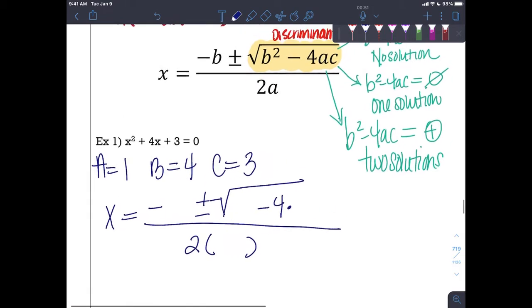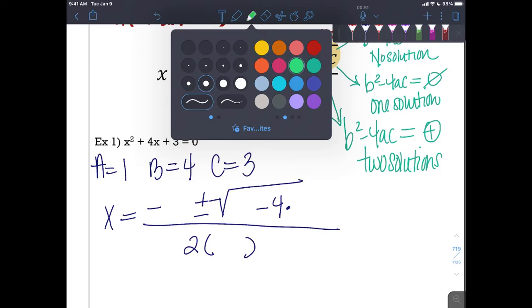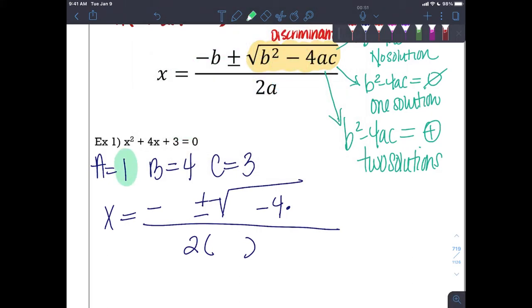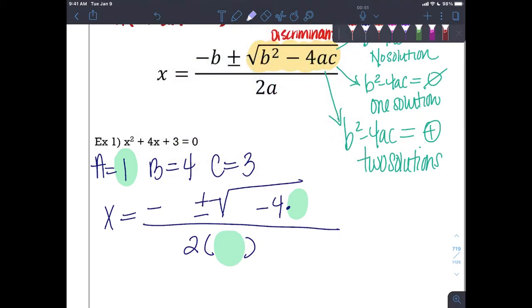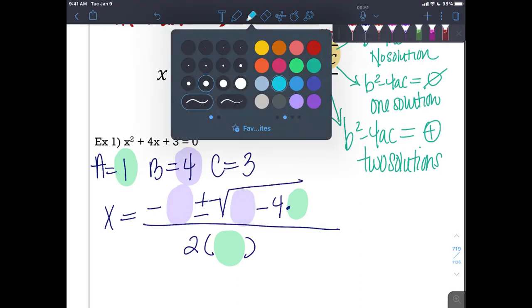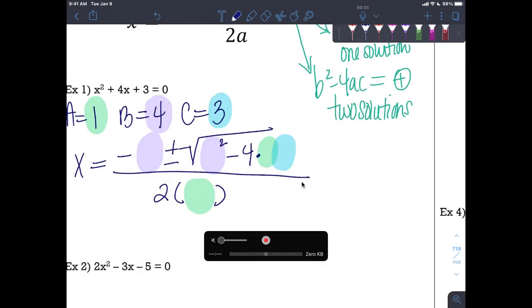All right. So now I'm going to start plugging all of these different items in. So my A, of course, my B, and obviously my C is written in.